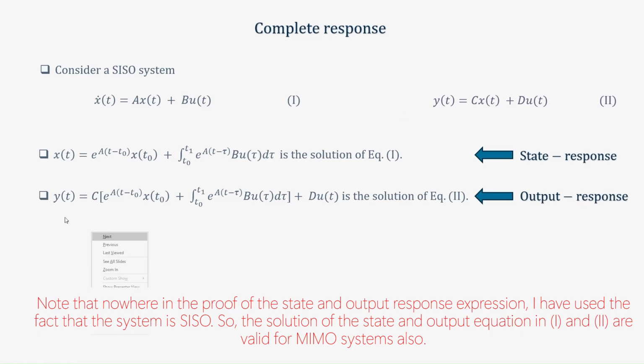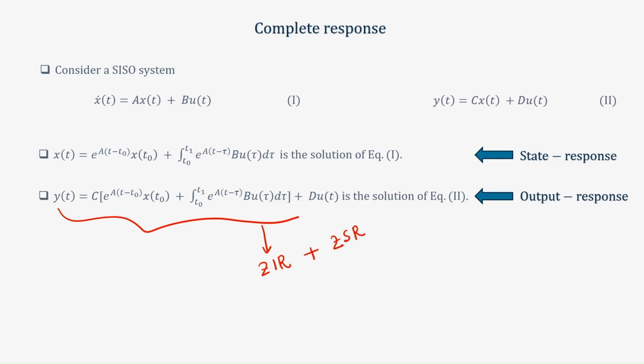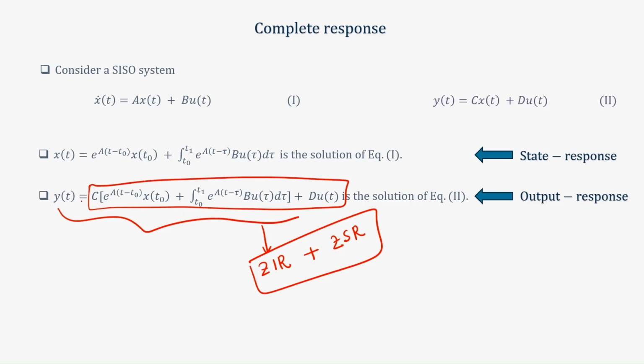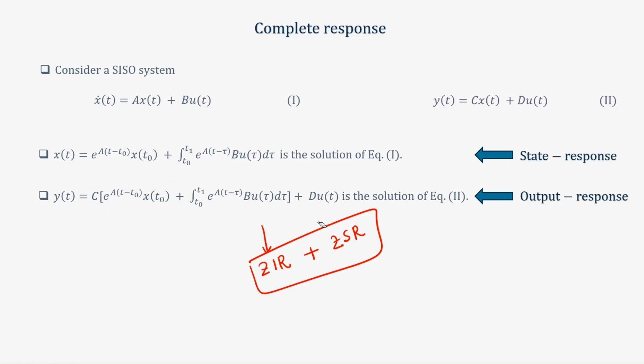I know that the response of the system can be divided into 0 input response and 0 state response. Now, I would urge you to think on your own as to which part of this expression corresponds to the 0 input response and which part corresponds to the 0 state response. Remember the definition and try to implement it, and you will easily be able to figure out which part corresponds to what.